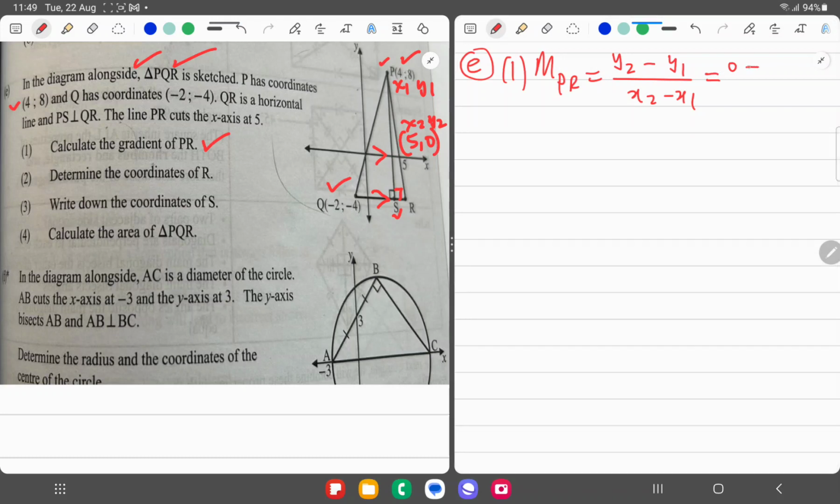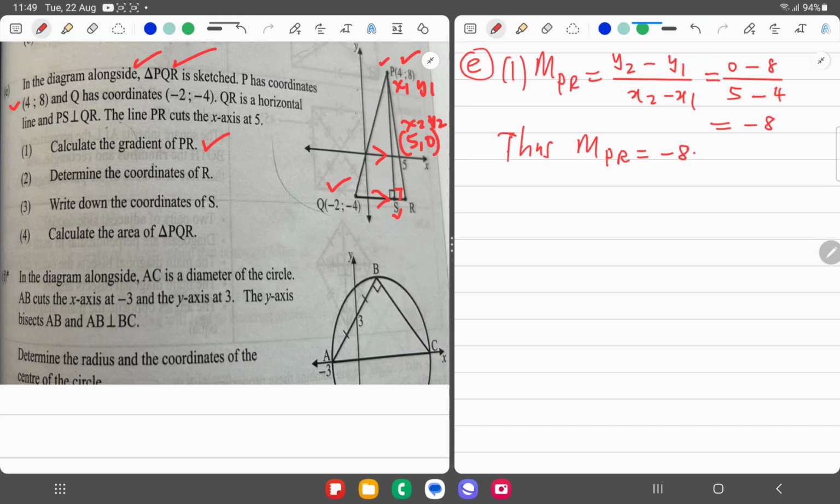It is 0 minus y1, which is 8, divided by x2, which is 5, minus x1, which is 4, and therefore the result is -8. Thus we can say the gradient of the line segment PR is -8.